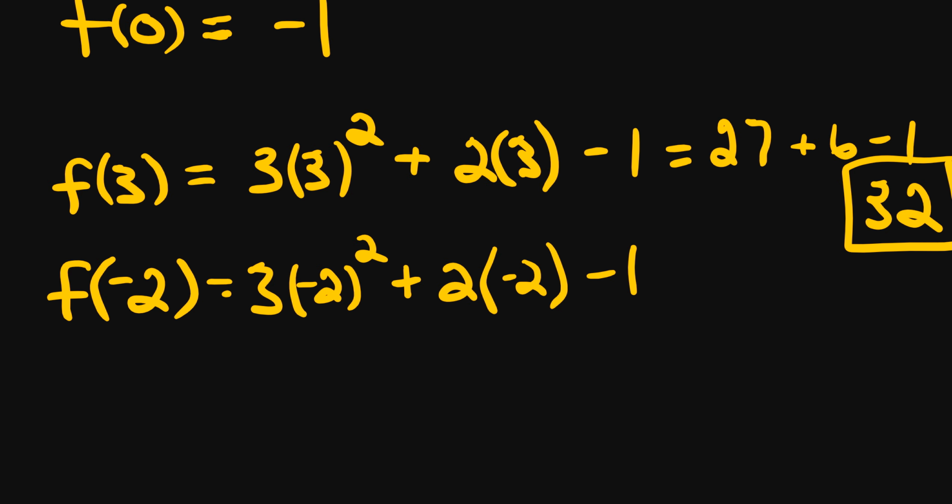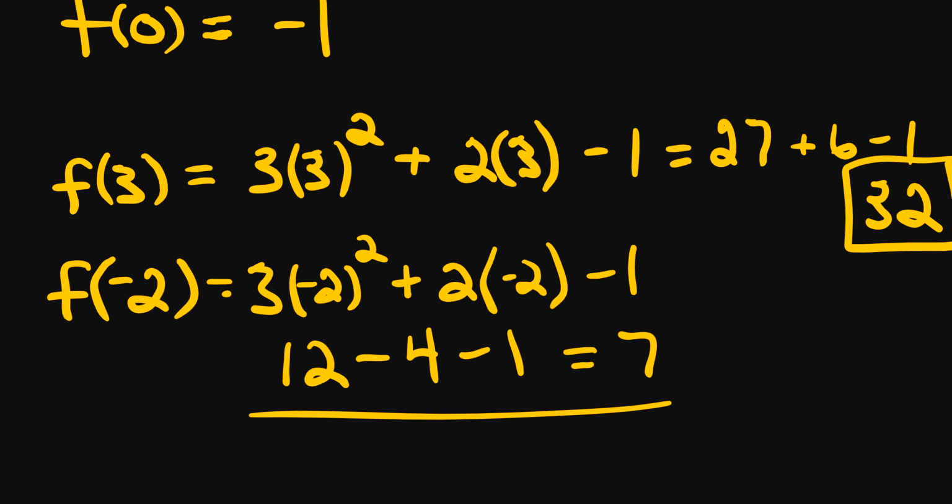So now let us evaluate this. I've got negative 2 to the second power is 4. 4 times 3 is 12. 2 times negative 2 is negative 4, minus 1. So this is 12 minus 5 equals 7. There you go.